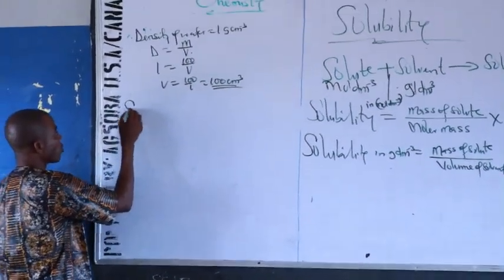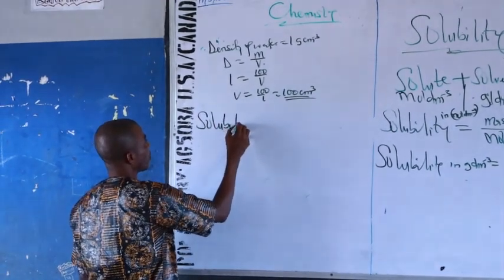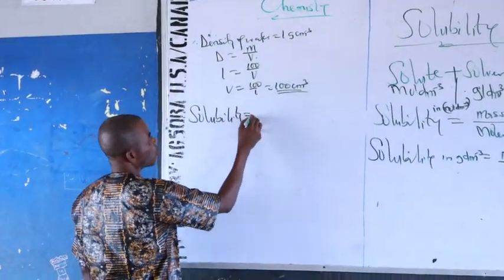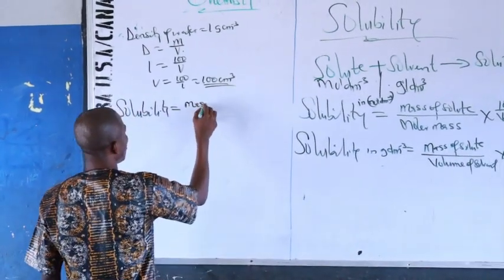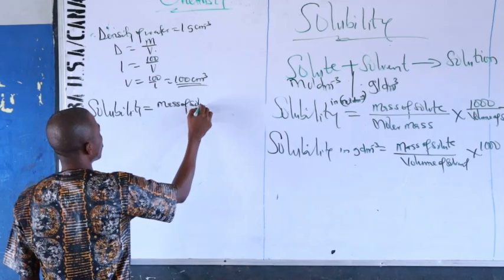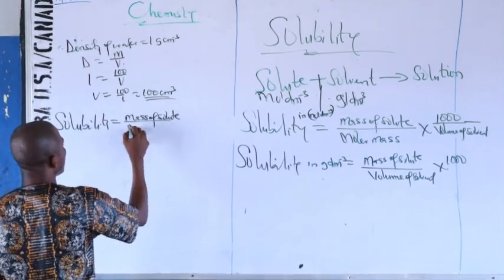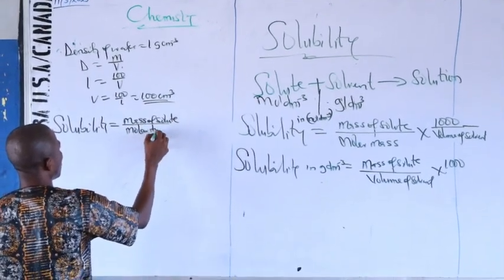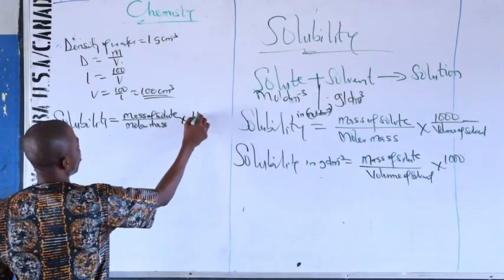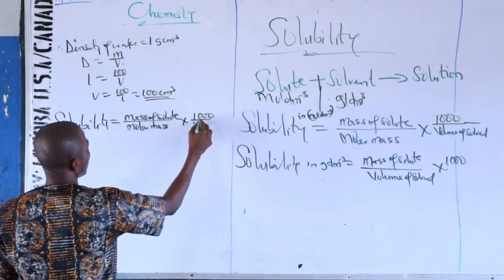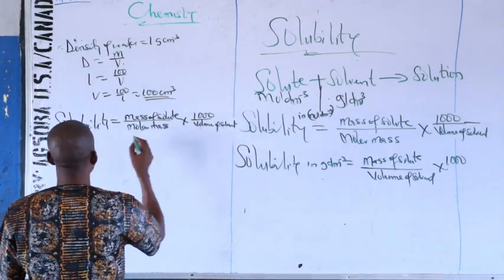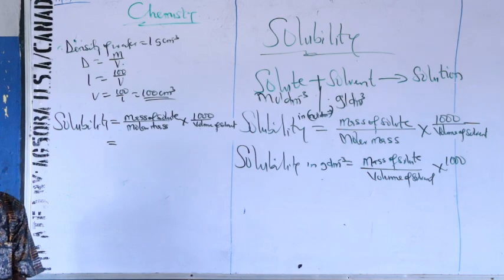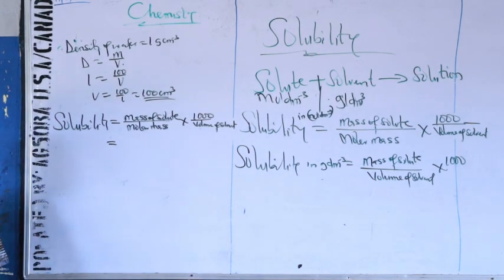Then we can use the formula: solubility is equal to mass of solute over the molar mass times 1000 divided by the volume of solvent. What's the mass of solute given? 40 grams.